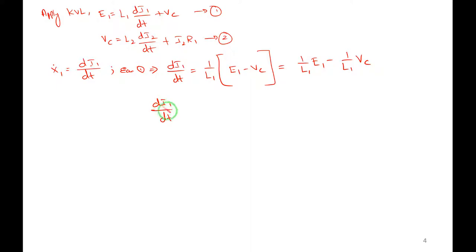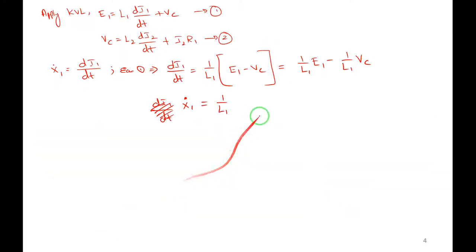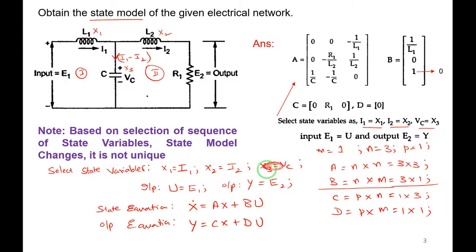Let me replace it. What is di1 by dt? It is nothing but x1 dot, right? So we'll replace it with x1 dot. 1 by L1 as it is. What is E1? E1 is your U. So 1 by L1 into U minus 1 by L1. What is Vc? Vc is x3.